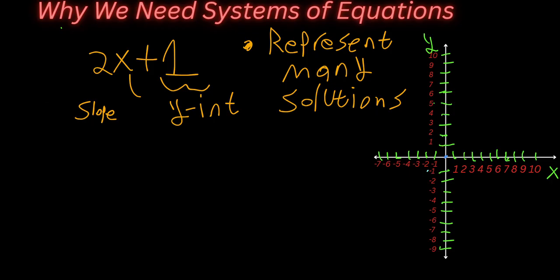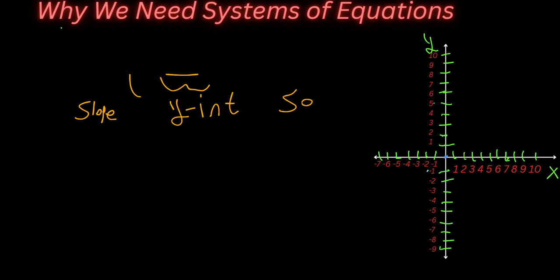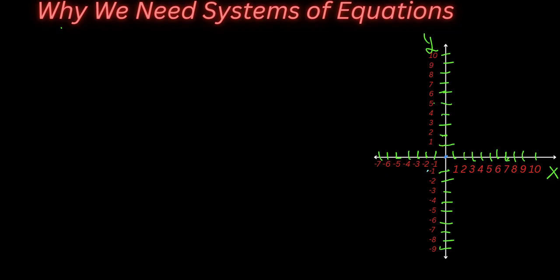So why does this bring us to systems? Well, let me show you. This brings us to needing systems because when we have two linear equations, we find a very interesting property.